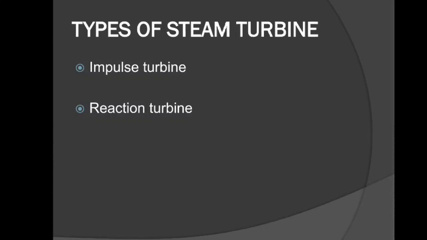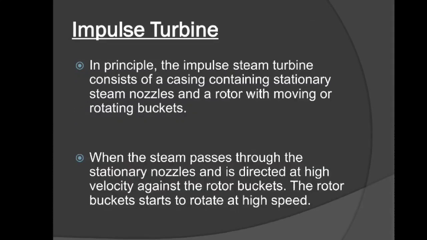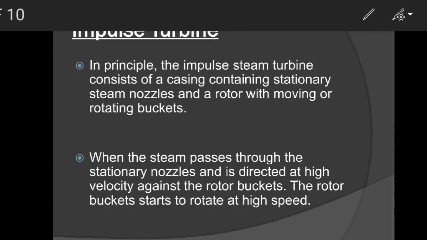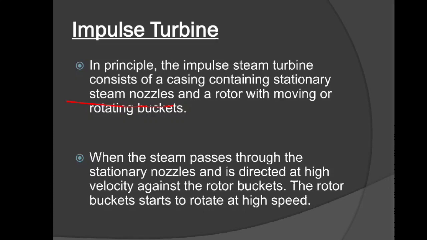Now there are different types of turbines. Basically, on the basis of blades, we can classify them as impulse turbine and reaction turbine. In the impulse turbine, as per the working principle, the turbine consists of a casing containing stationary steam nozzles and a rotor with moving or rotating buckets.